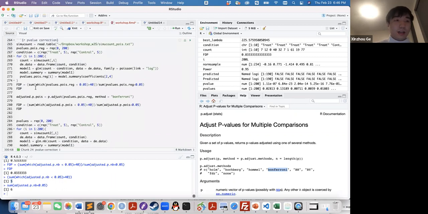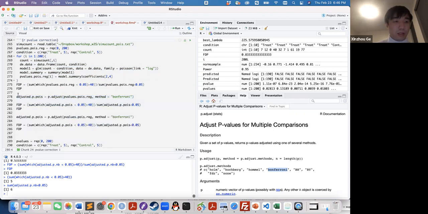This is how we calculated the p-values for all the genes for the Poisson data set, and we used the Bonferroni correction. Okay, these are for the Bonferroni correction.